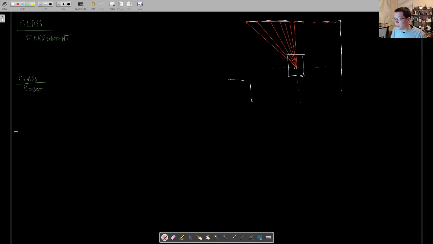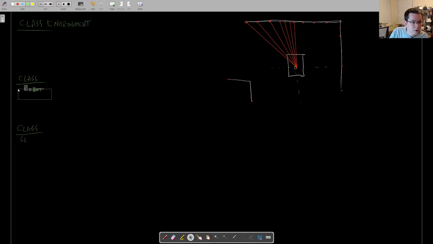And because I want to be able to equip this robot with more than one kind of sensor, and this one is just a LiDAR, I'm going to have another class that is a sensor, and maybe I'll change how I'm writing this out a little bit.